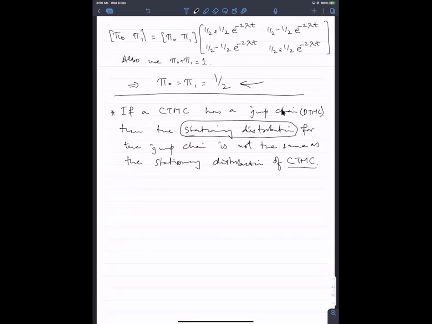Okay. But the question is that now our transitions are happening at random times. Our transitions are not happening nicely, after 1 unit of time. Okay?